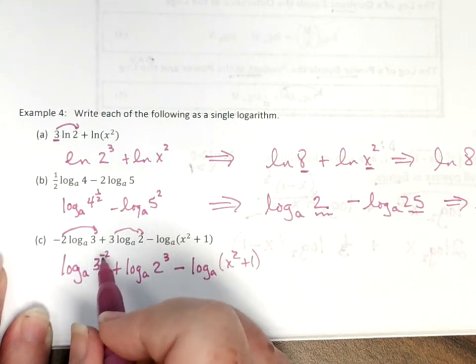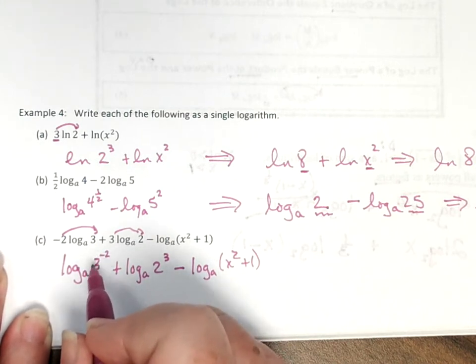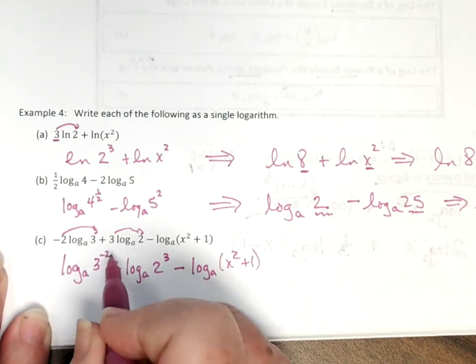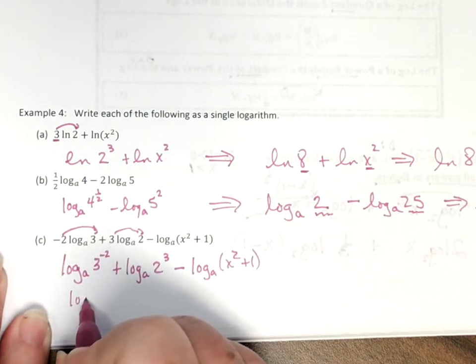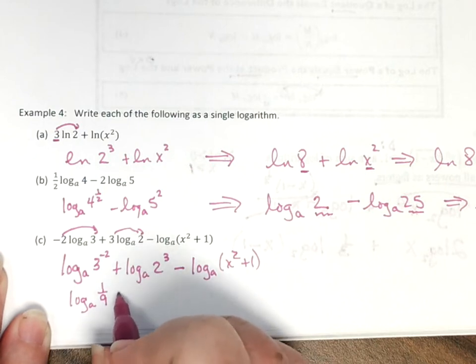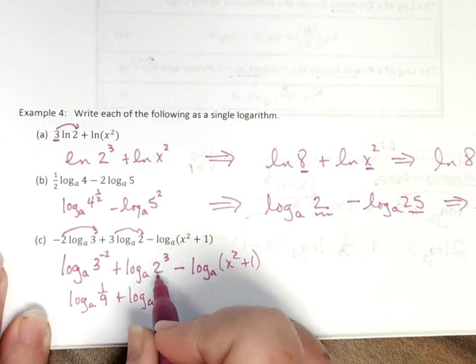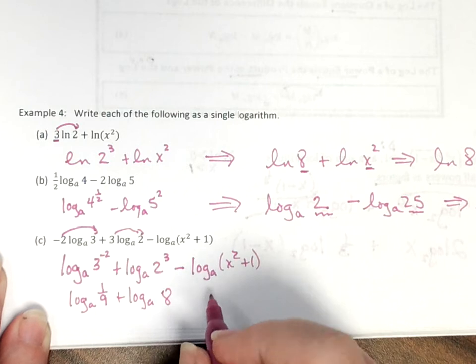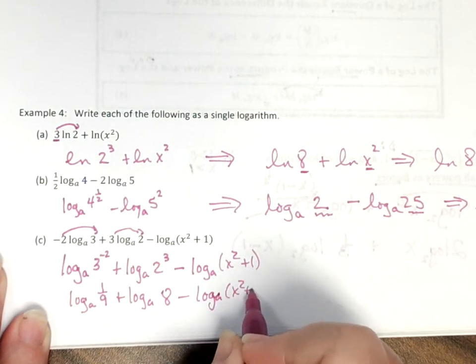Now what you have to remember is if I have a negative exponent, that's really not 3, it's 1/3 squared. So this is log base a of 1/9, that's 1/3 squared, plus log base a of 2 cubed, which is really 8, minus log base a of x squared plus 1.